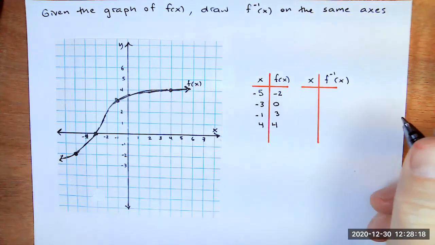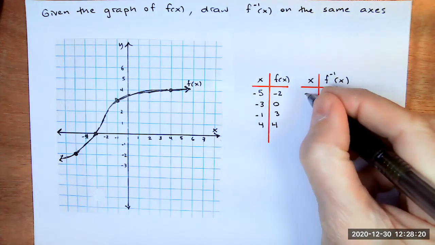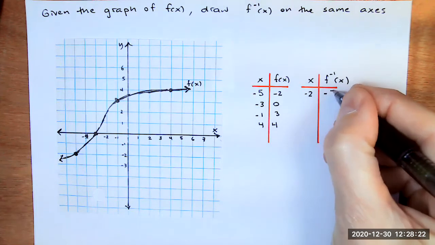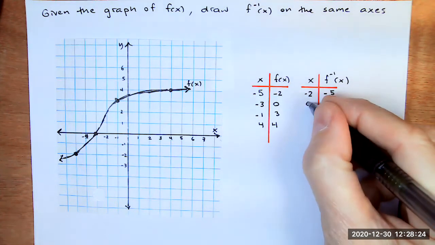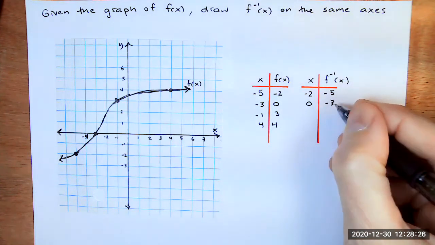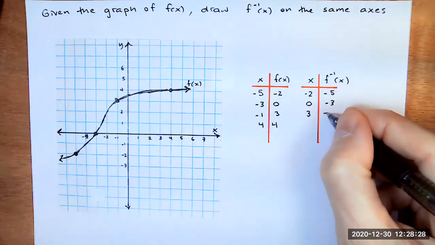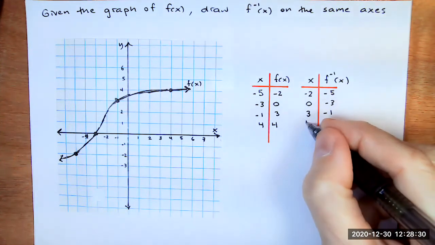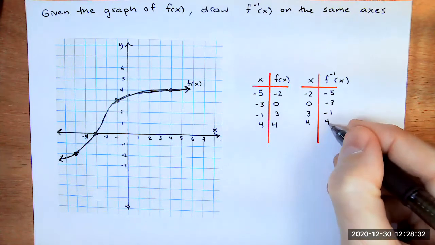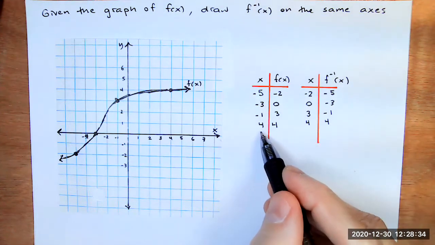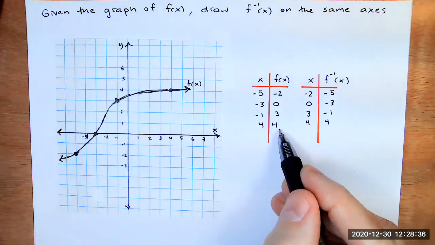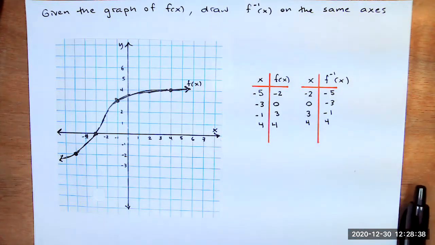So points on the inverse function would be -2, -5, 0, -3, 3, -1, and 4, 4. And this makes sense. We switch the x and the y, and since the x and the y are equal, they won't move.